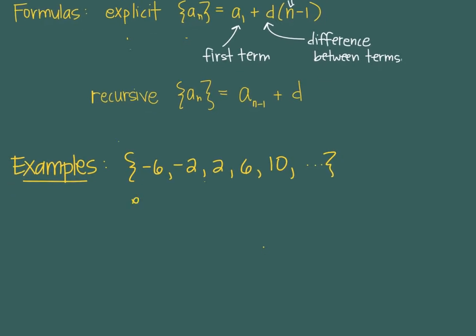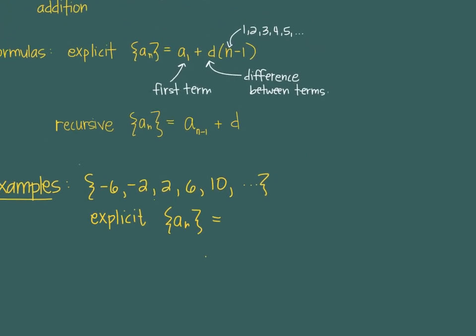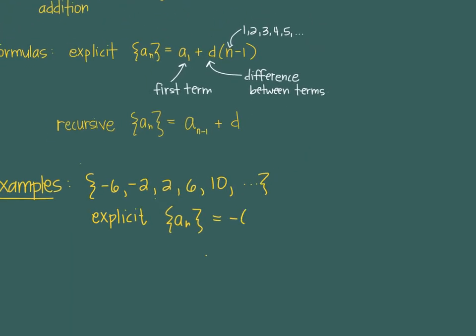And so our explicit formula would be a sub n equals, now we start with the first term, and the first term in the list is -6, plus the difference between each term is adding 4. So I'll put a 4, and then I put n minus 1.